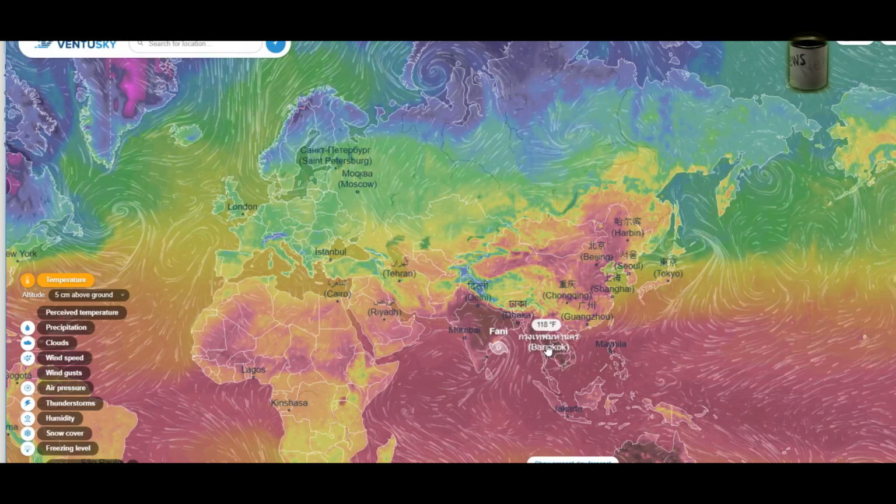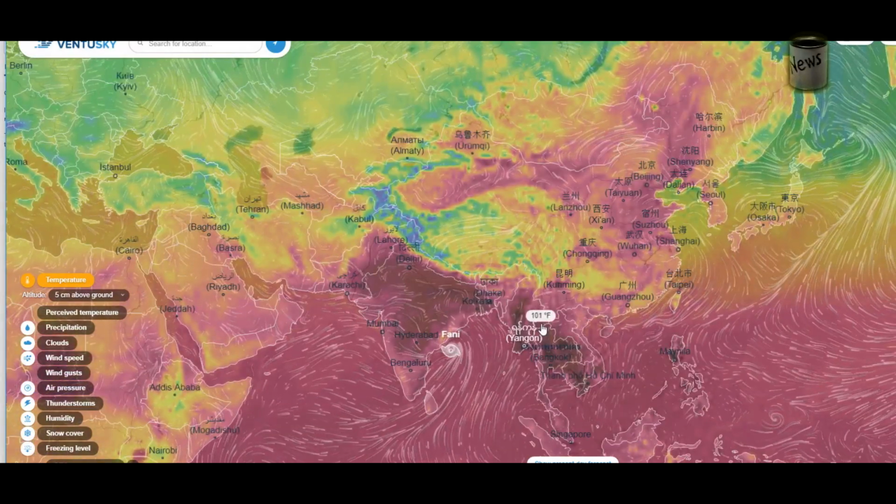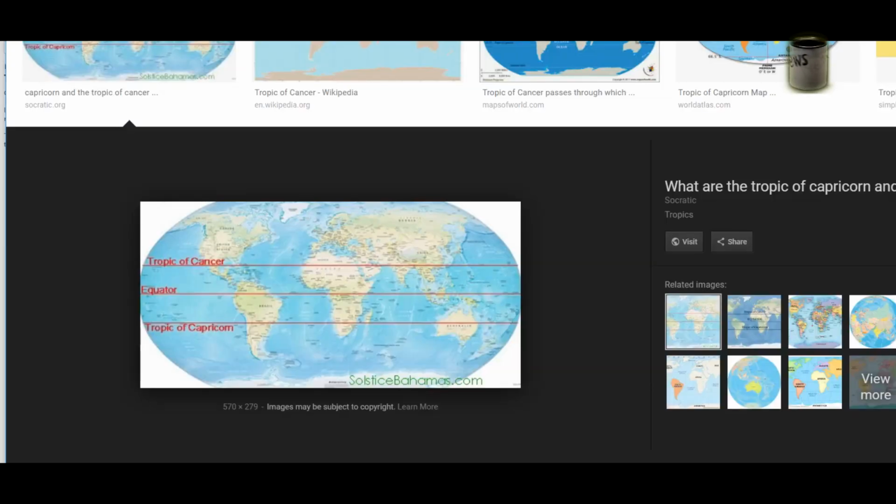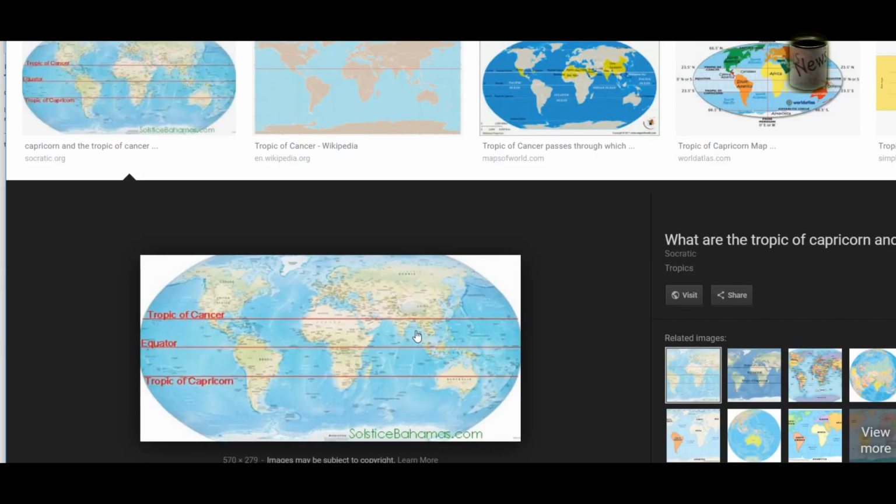This is actually late summer for this area because the sun is already overhead. Once the sun reaches the Tropic of Cancer, which is right here, then you're talking about summertime. The sun's going to cross that right around June 20th, June 21st to 22nd, typically the summer solstice.